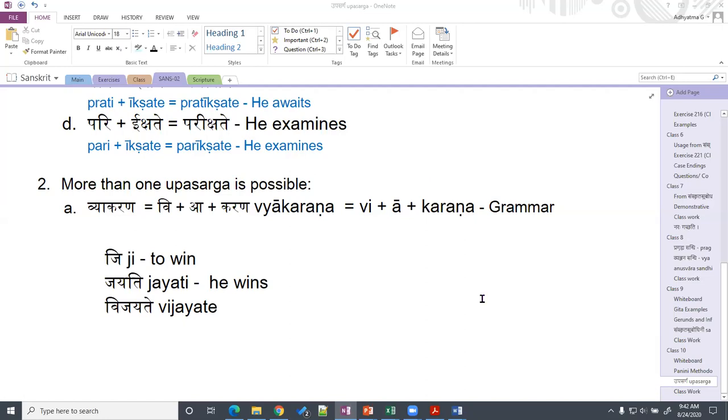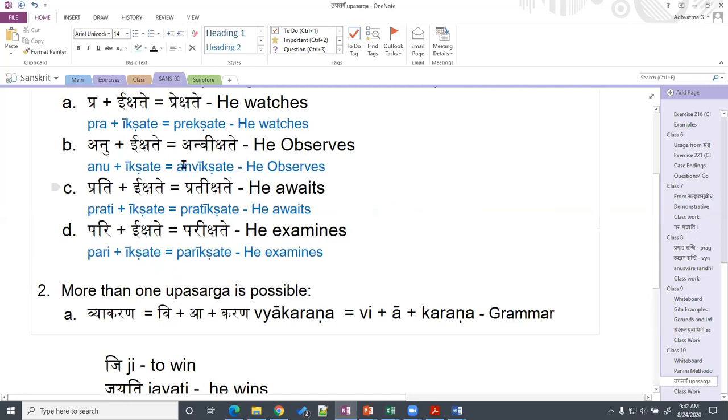So there is a question, shouldn't okara plus ikara be vakara and long i? So here, anvikshate, it is indeed long. So you see here okara plus ikara becomes vakara and ikara. So here it is long. Anvikshate. Actually, this ikara doesn't undergo any change. This ikara remains ikara only.